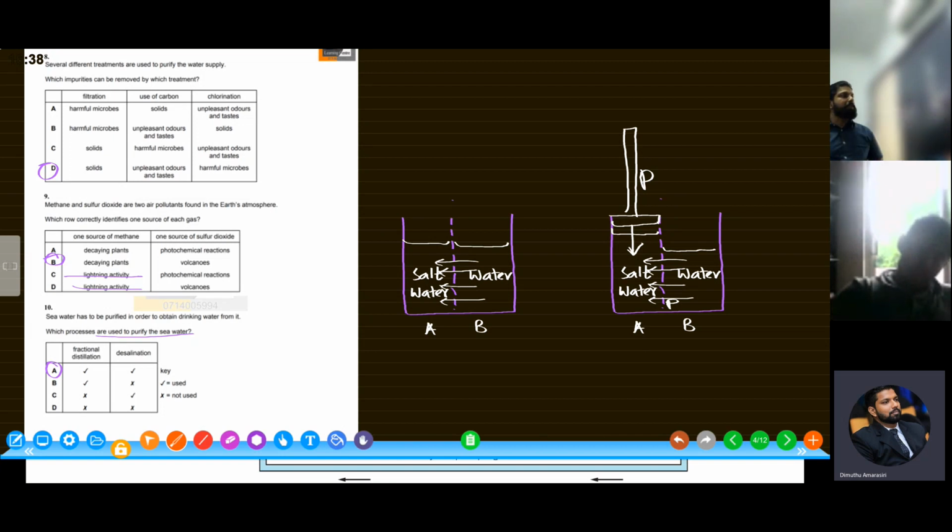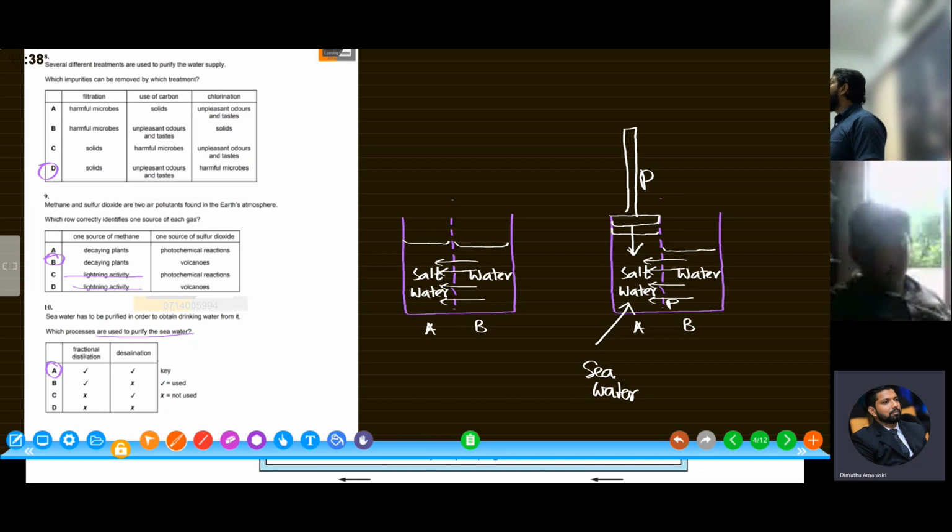Think of this as sea water, and that as normal water. We take the water in the sea water and get normal water. What is that called? Desalination. So in desalination, according to biology, we are doing reverse what? Reverse osmosis.